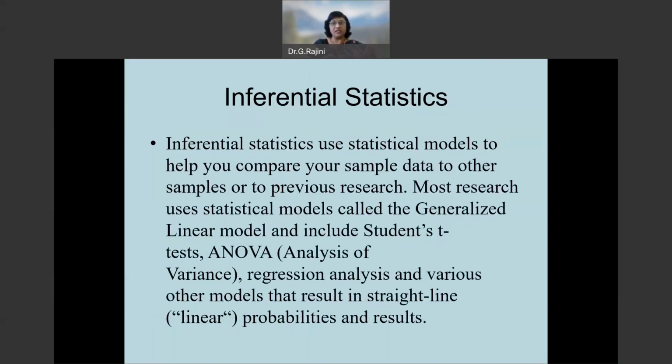Inferential statistics uses statistical methods to help you compare your sample data to other samples or to previous research. Most research uses statistical models called the generalized linear model, and includes the student's t-test, ANOVA, regression analysis, and various other methods that result in straight lines, linear probabilities and results.